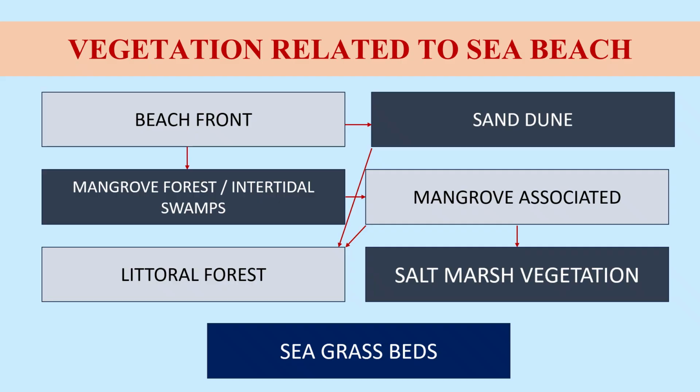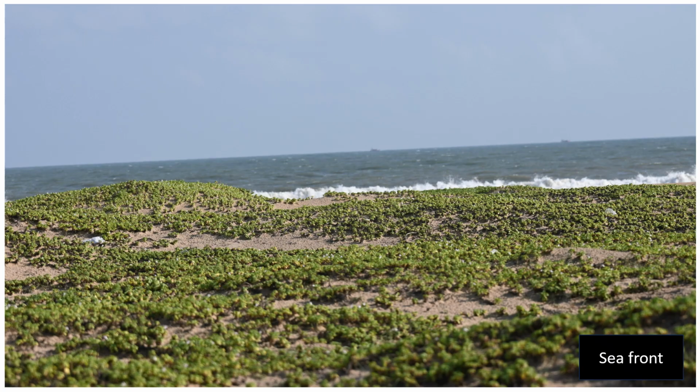So we will see. You see, the seafront is how this is. So you can see the type of vegetation, the kind of creeper, or you can say binding the sand, the herbs, forming a mat-like structure on the beach.